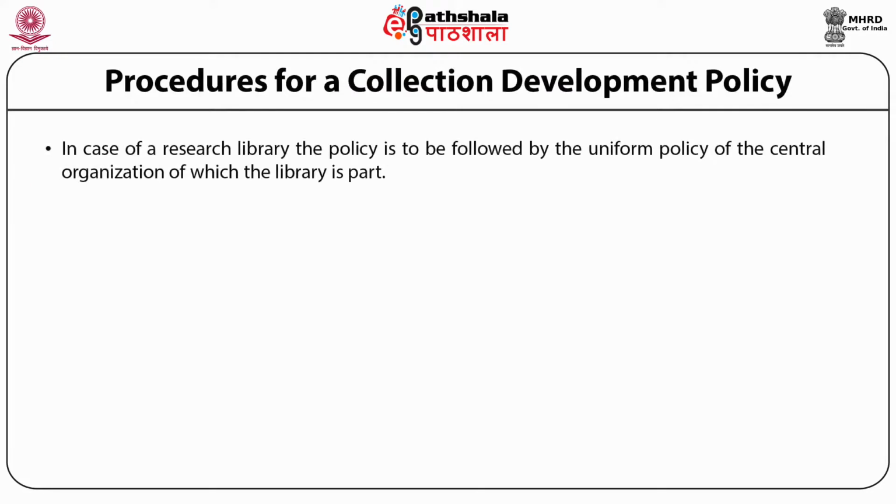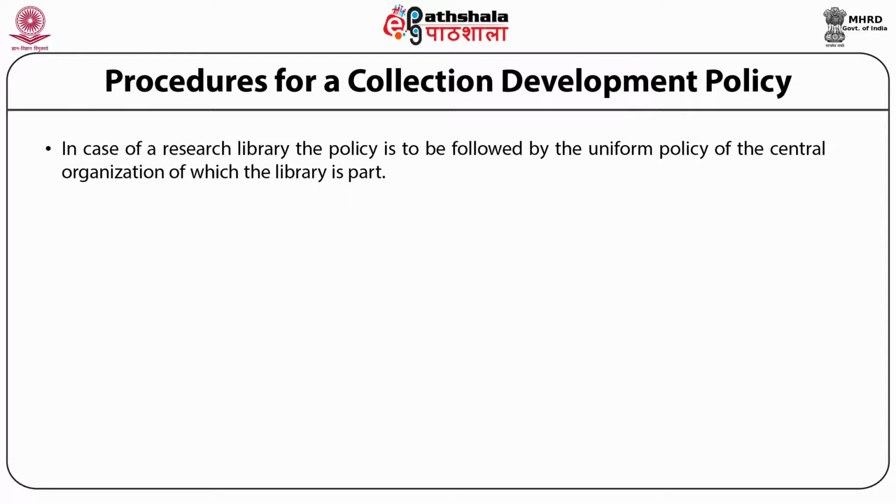In case of a research library, the policy is to follow the uniform policy of the central organization of which the library is a part. In this option, I would like to suggest, suppose there are numerous Indian agencies, especially in the field of science and technology. In case of social science also, we have ICAR, we have CSIR, we have ICSSR.